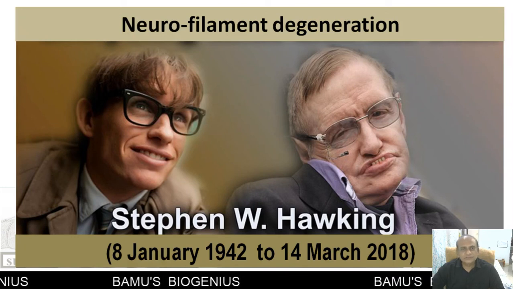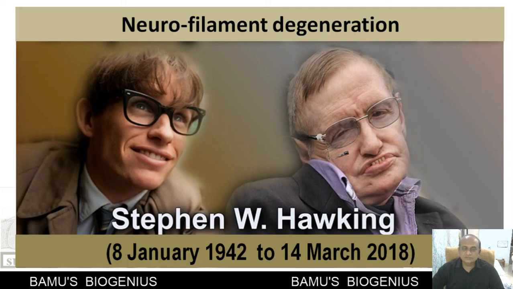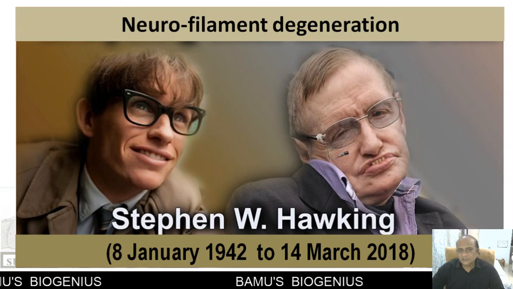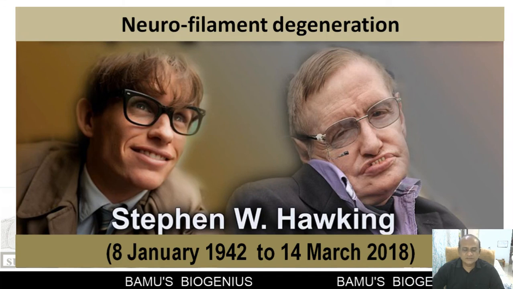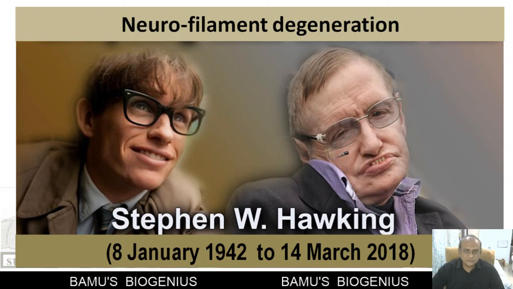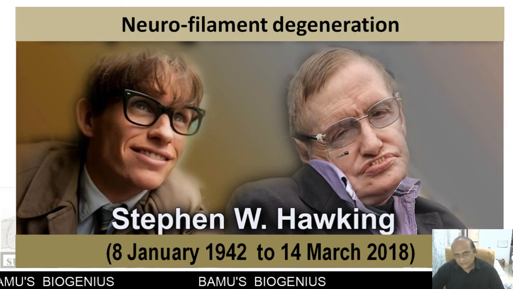He died in 2018 due to a rare disease known as amyotrophic lateral sclerosis, in which neuromotor deformity is there, or we can say the motor neurons get affected, and in these motor neurons the neurofilaments degenerate, which are a part of the cytoskeletal elements. So from this you can imagine that these cytoskeletal elements are very important for each and every type of cell.